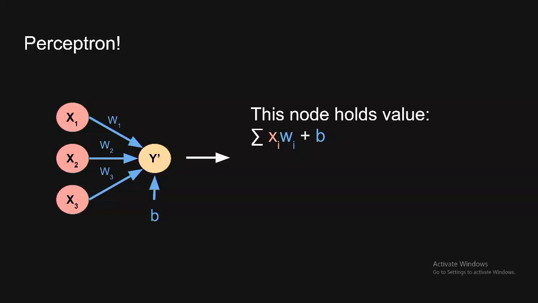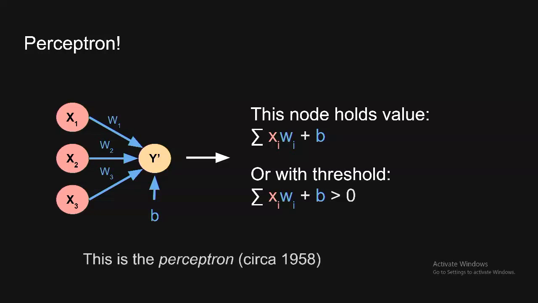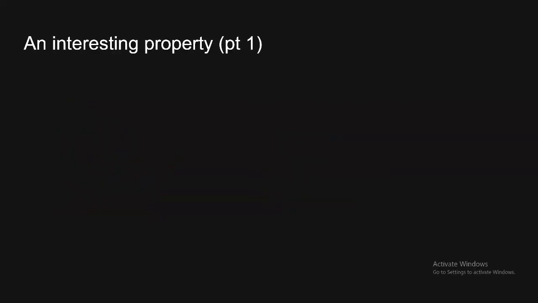Then we saw that we can add a threshold to it if we want to do classification. We're going to generalize this concept of a threshold today, and that will allow us to do multi-layer perceptrons. It's very good stuff. So let's remind ourselves of an interesting property of perceptrons.